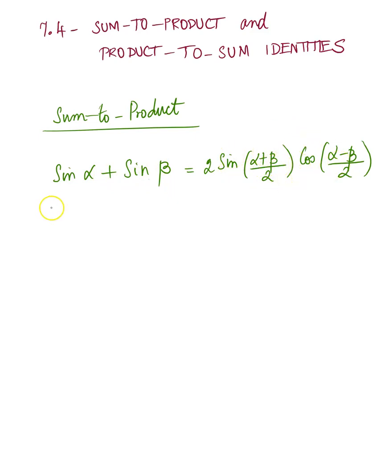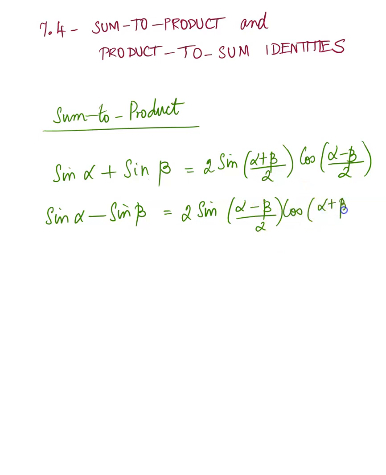Then we have sine alpha minus sine beta, which is 2 sine of alpha minus beta over 2 cosine of alpha plus beta over 2.